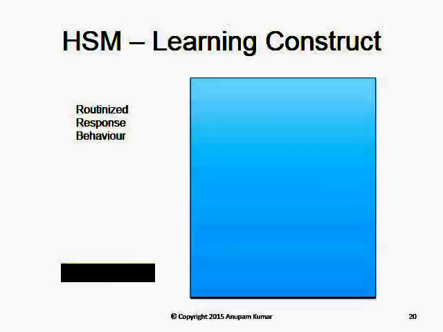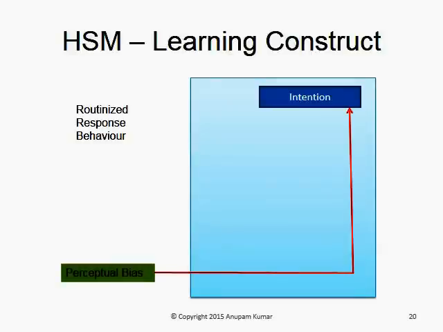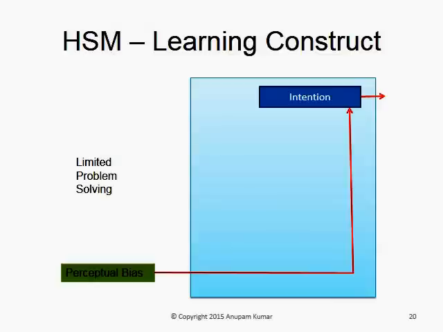Once the perceptual bias has been established, in the case of routinized response behavior, this bias leads directly to an intention to buy. In the case of limited problem solving, perceptual bias helps in brand comprehension.